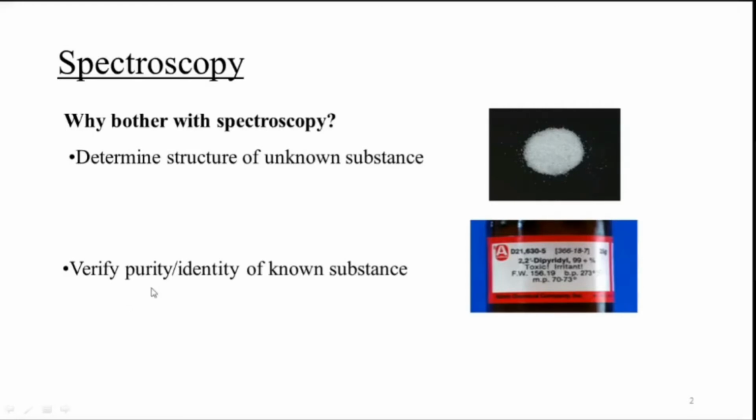Here we will be asked to ascertain the identity or purity of a known substance. In the first case, we have an unknown substance for which you have to establish the structure, chemistry, purity, etc. In the second case, let's say you are a pharmaceutical analyst, and you will be supplied with a known chemical and asked to ascertain whether the claimed purity is correct or not.